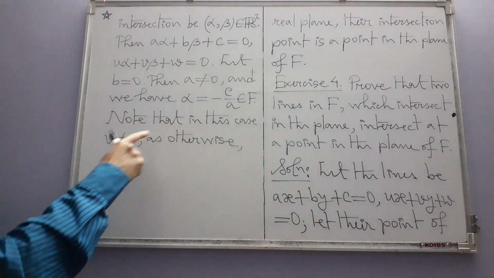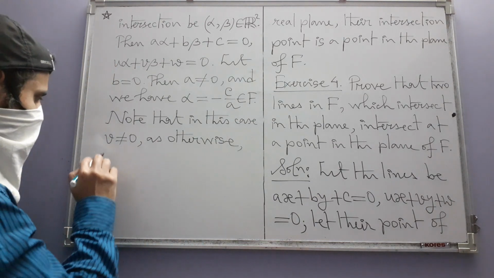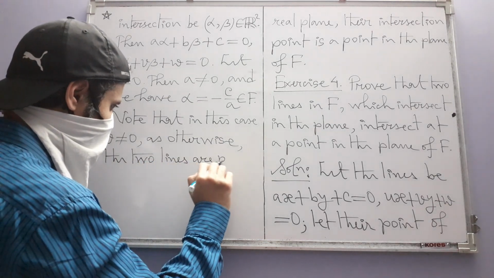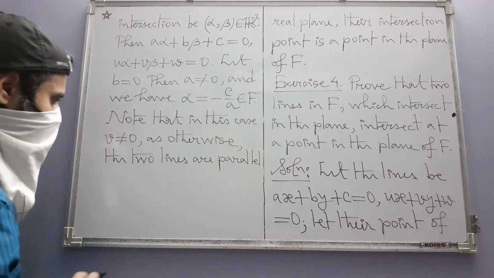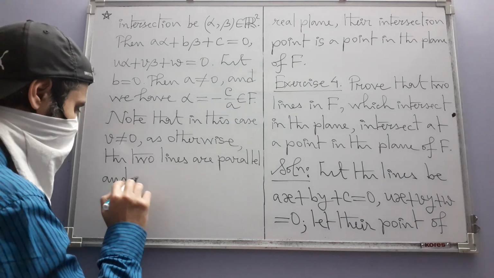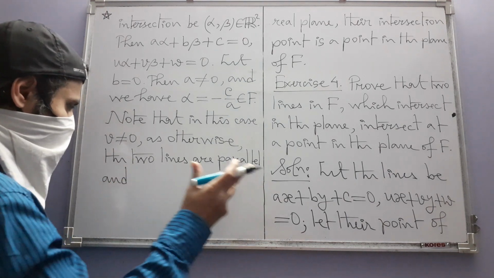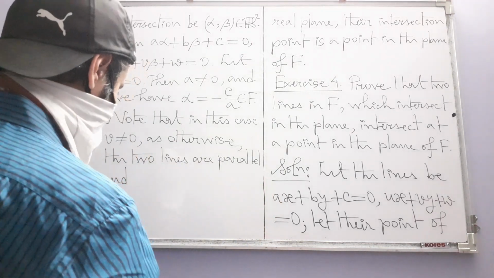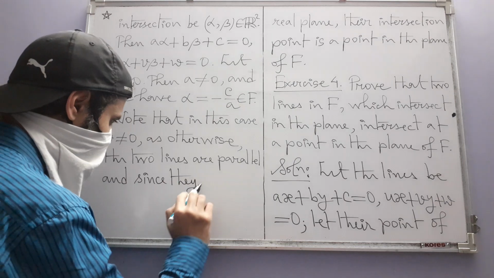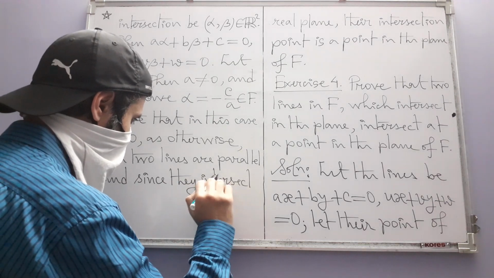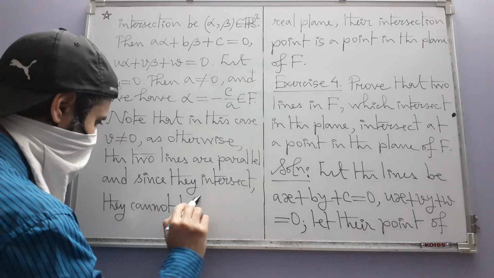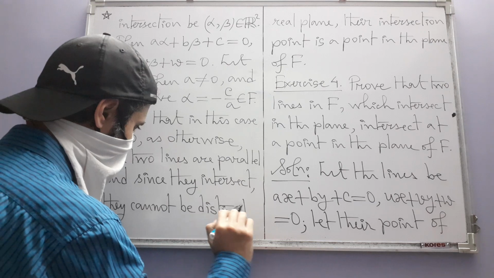So that's why we are writing, note that in this case v has to be non-zero, as otherwise the two lines are parallel, and since they intersect, they cannot be distinct.